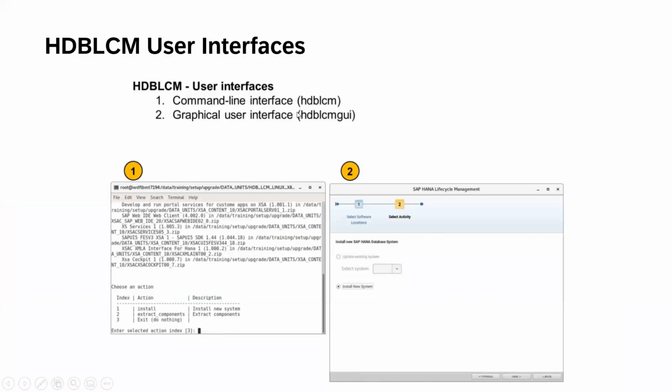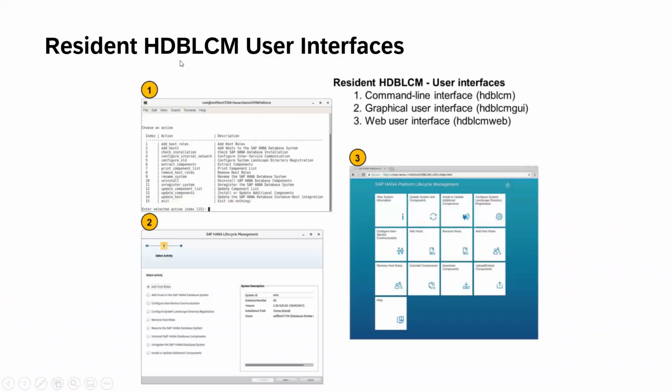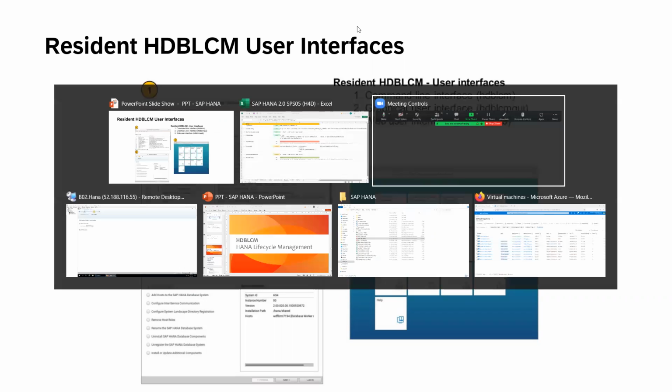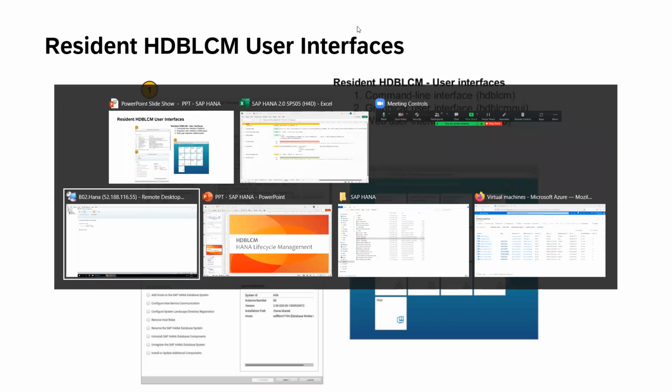Now, next point, resident HDB LCM user interfaces. How to access the resident HDB LCM? Again, there are three options. The first is the command line HDB LCM. The only difference is that you need to change the path, for your resident HDB LCM or your installation media.